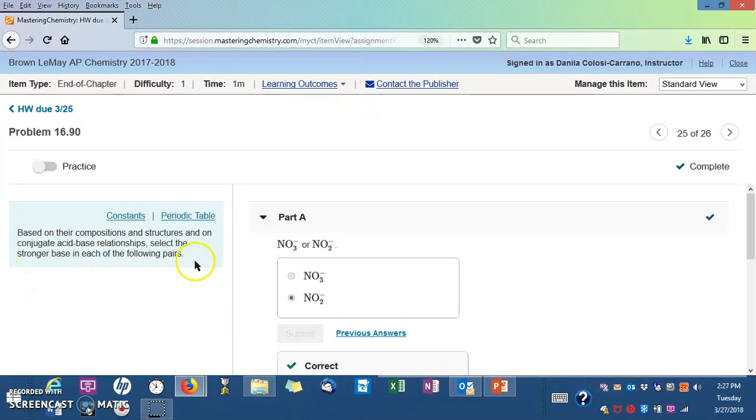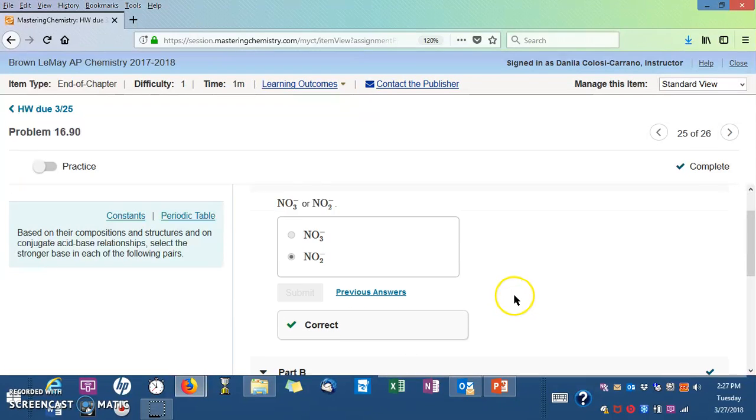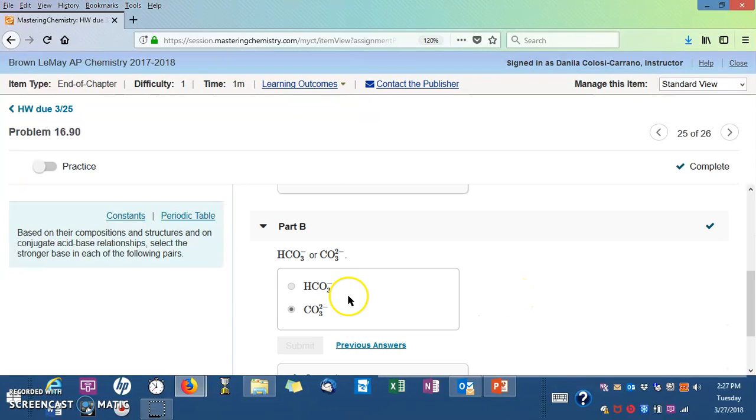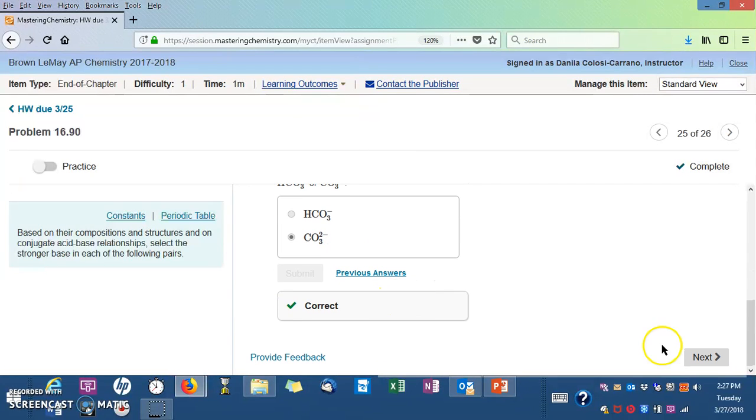This one said the stronger base out of those, so this is the choice because you have fewer O's, right? Because again, the more O's, the stronger the acid. So for the base it follows the opposite. This one again has a higher number of 2 minuses, so it's a stronger base, whereas if you have a higher positive charge, it is a stronger acid, remember?